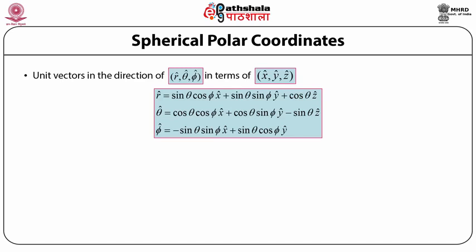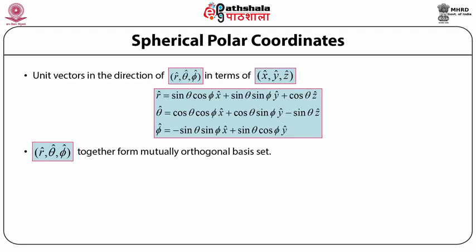And just like unit vector x, unit vector y and unit vector z make a mutually orthogonal basis set in the Cartesian coordinate system, similarly unit vector r, unit vector theta and unit vector phi together form a mutually orthogonal basis set in the spherical polar coordinate system.